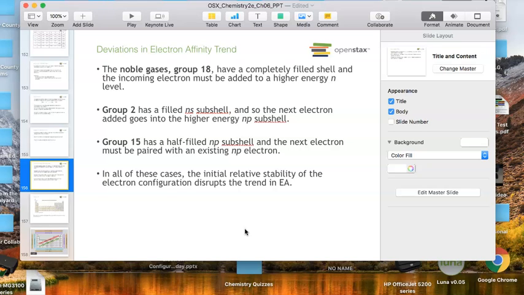Group 15 has half-filled P subshells, and the next electron must be paired with an existing P electron, and so that creates deviations there. In all of the cases, the initial relative stability of electron configurations disrupts the trend in electron affinity.